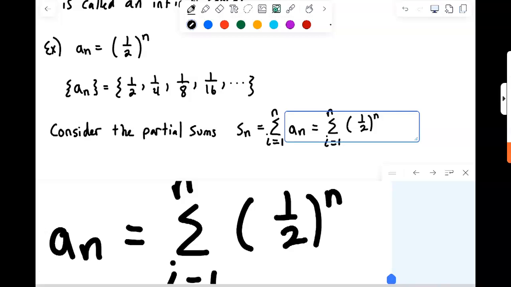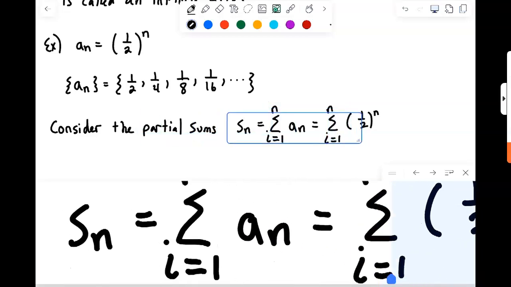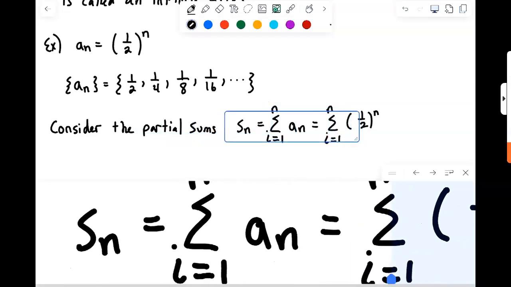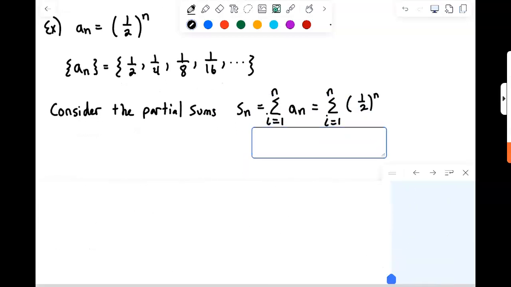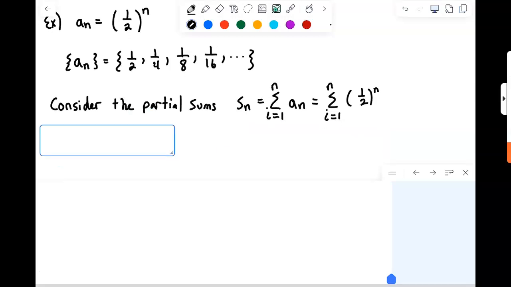And so we define a new sequence, which is the sequence of these partial sums. And then we talk about, does that thing converge?